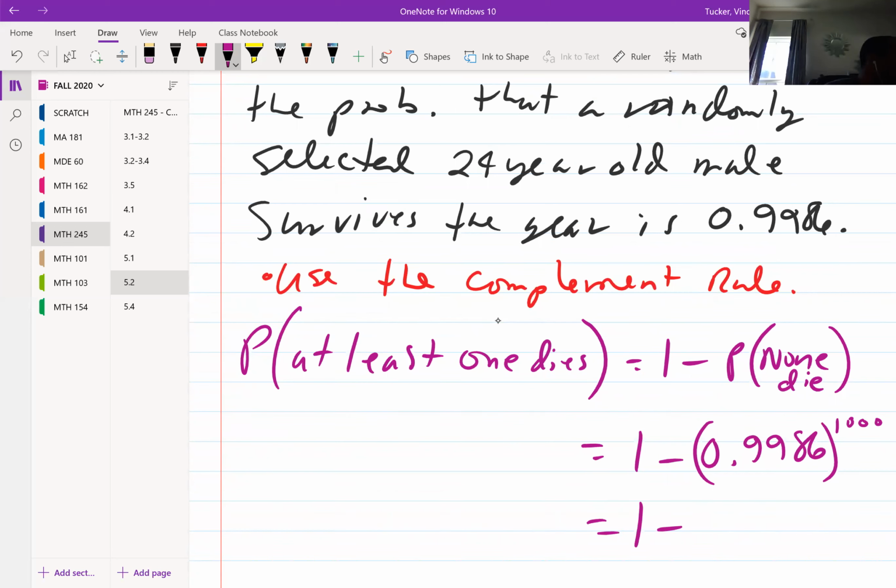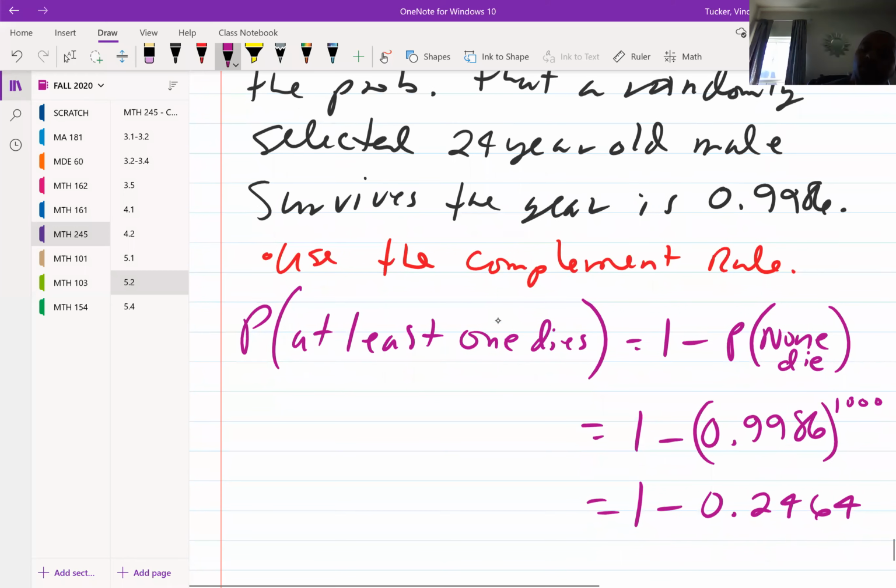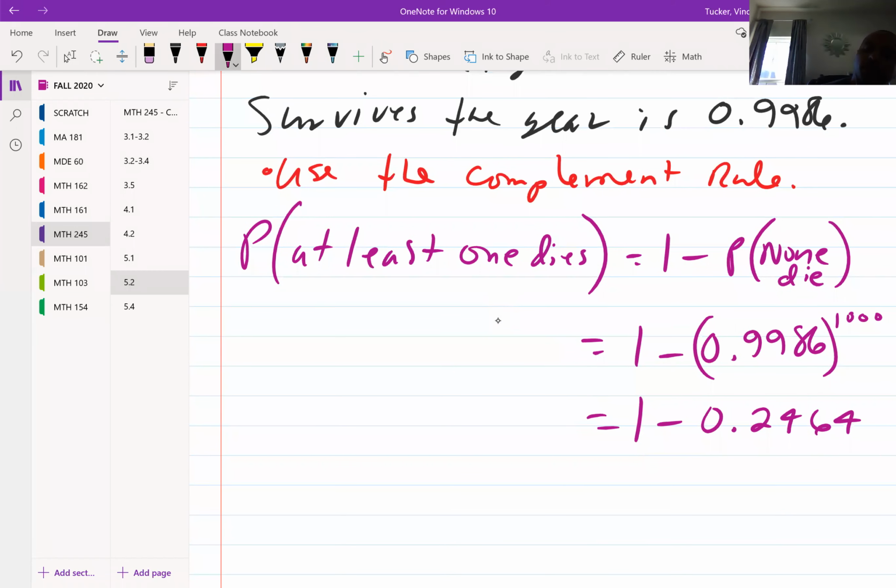So 0.9986 raised to the 1,000 power is 0.2464. And then 1 minus 0.2464 is 0.7536.